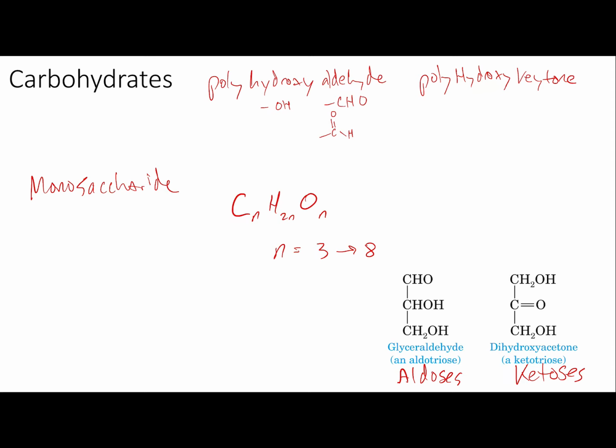An aldose is a monosaccharide that contains the aldehyde group, and a ketose is one that contains the ketone group. So here, the aldehyde group on the end, remember that's a C double bond O H. And then the carbonyl in the middle here would be the ketose.